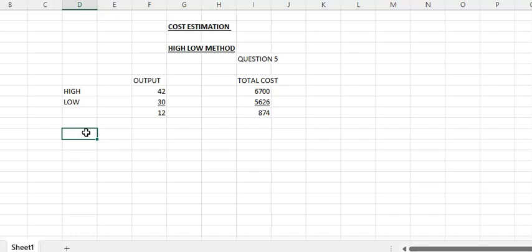Having calculated those differences, you calculate the variable cost per unit. This is what we do to calculate the variable cost per unit.